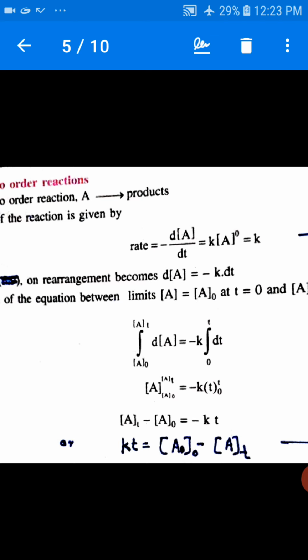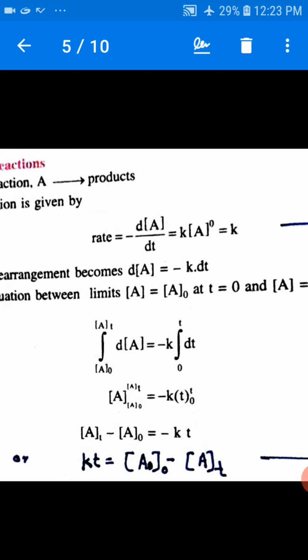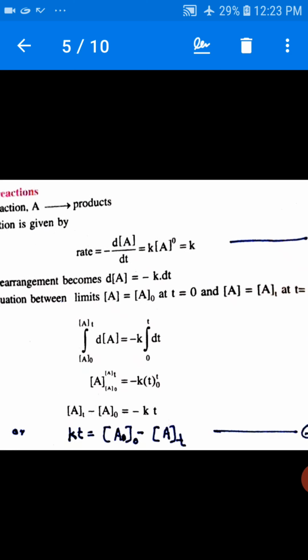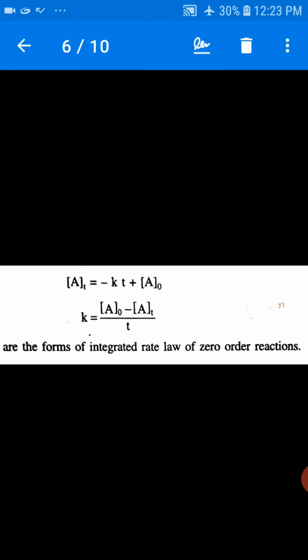Therefore, it becomes concentration of A from A0 to At, which is equal to minus K into t from 0 to t. Therefore, At minus A0 equal to minus Kt, or on rearrangement, Kt equal to A0 minus At, which is equation number 6.14.